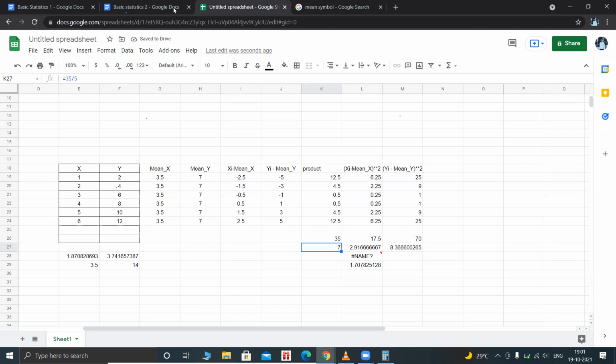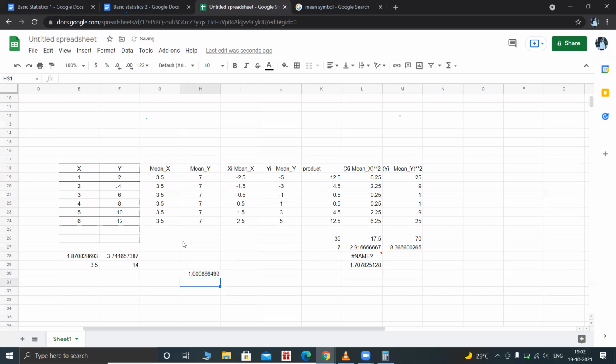So the covariance I got is 7, divided by the standard deviation of this thing and this thing. So it is equal to 7 divided by 1.87 into 1.87 into 3.74.